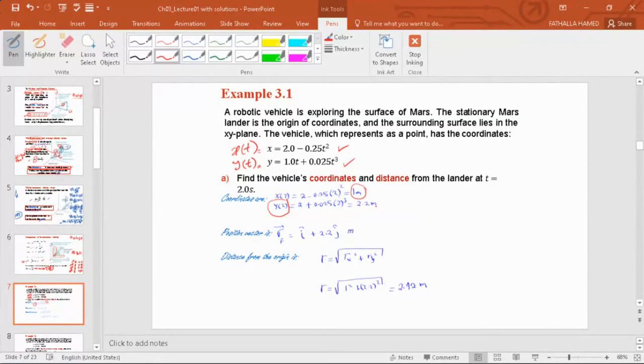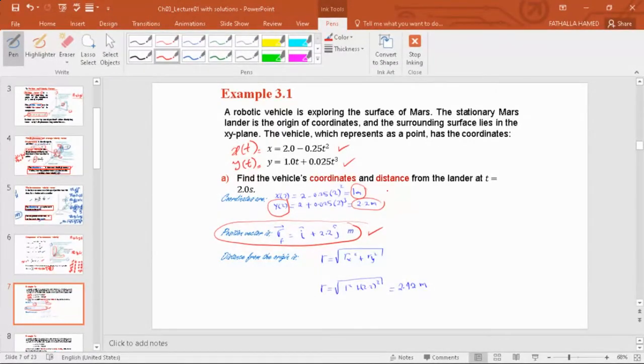So you have 2 plus 0.2, and it will give you here 2.2 meters. So we have the x and the y coordinate. Now you can write your position vector, which has 1 i hat plus 2.2 j hat, and the units, of course, are meters, and this is now your position vector.